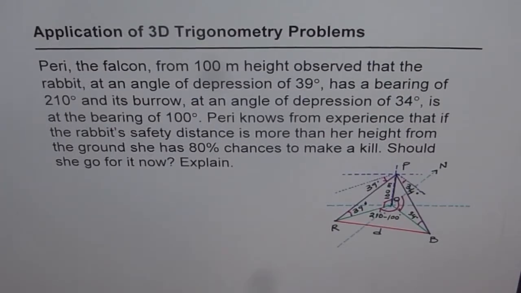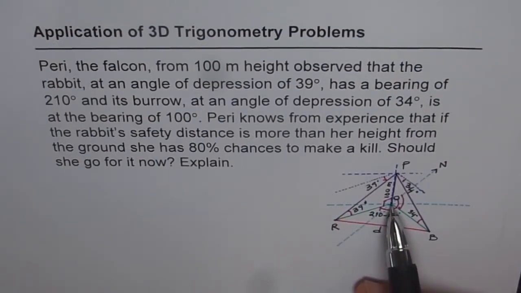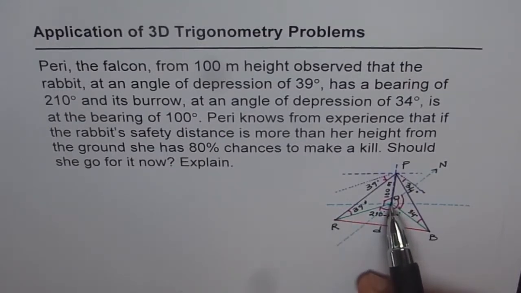Now let's see how to solve this kind of problem. If you see these triangles drawn here, P, R and O, that is a triangle in the vertical plane, where we know the angle and the opposite side. From this triangle, we can find the adjacent side. If you are dealing with adjacent and opposite sides in a 90 degree triangle, you have to use tan theta.